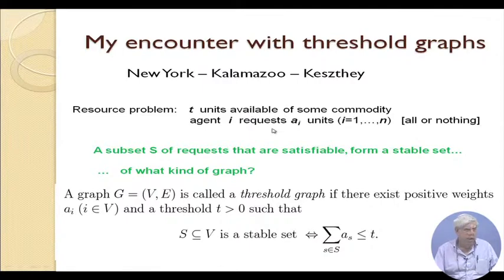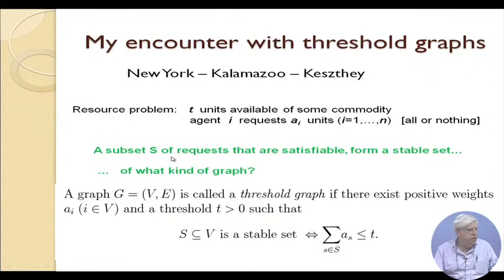It's actually like PV semaphores for an operating system. And abstractly, you have T units available of some commodity. You have an agent who requests a sub i units of that commodity, and it's either all or nothing. You either get it satisfied or you don't.